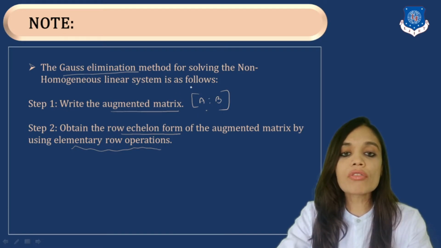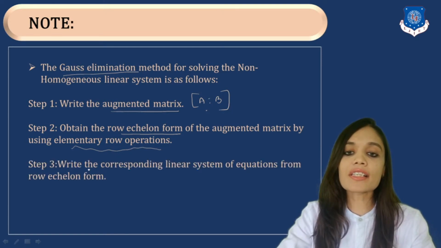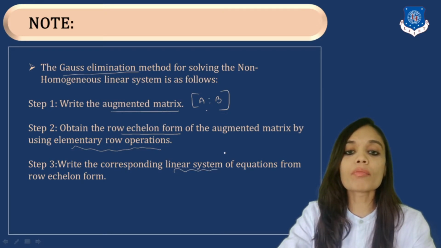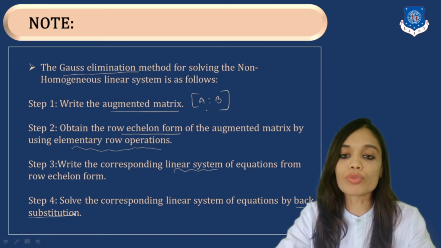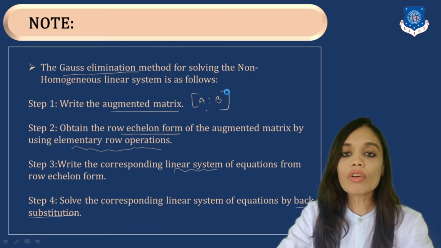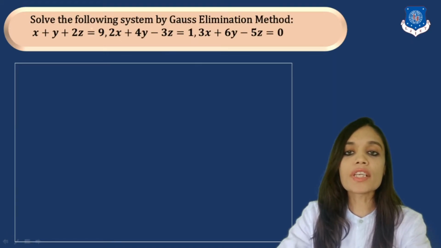Then we have to write the corresponding linear system of equations from the row echelon form. And the last step is to solve the linear system obtained from the row echelon form using back substitution. Okay. So now let us solve examples based on this.